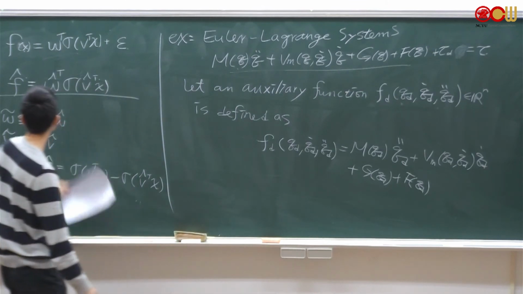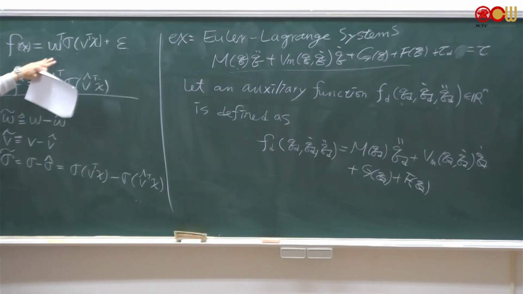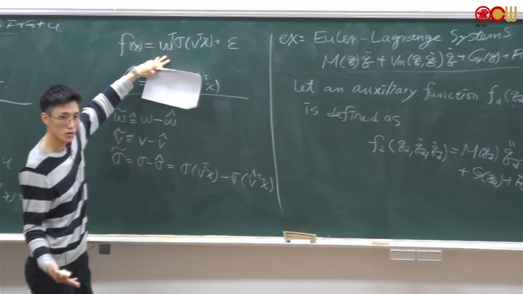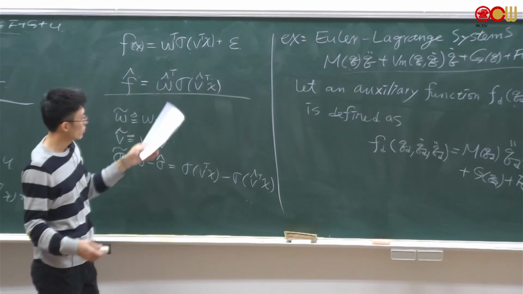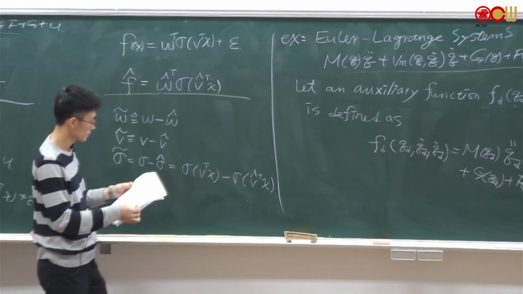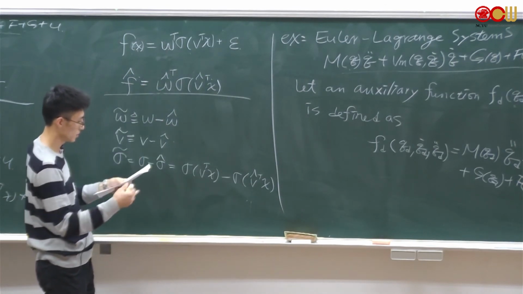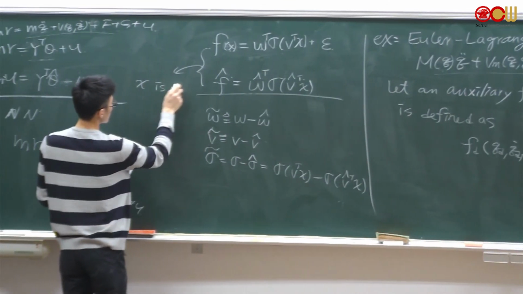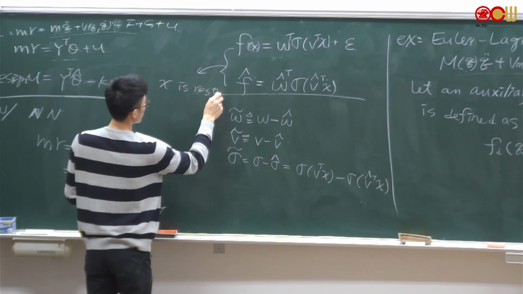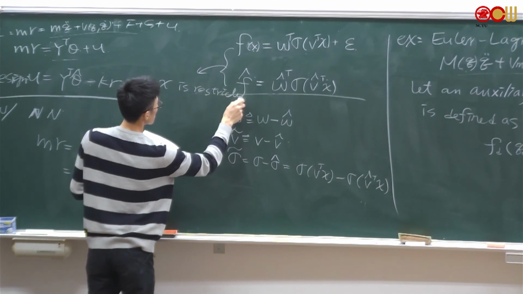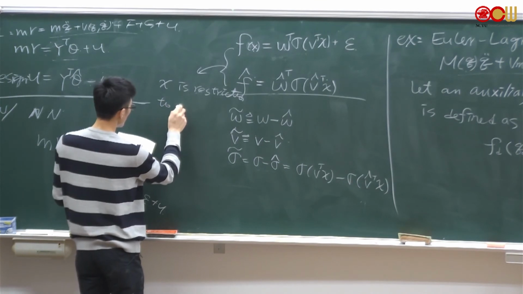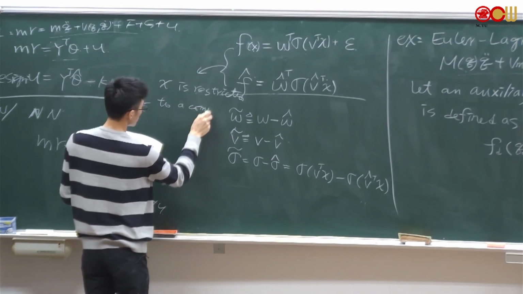Because to do an approximation of the nonlinear function using neural networks, the input x is restricted to a compact set.